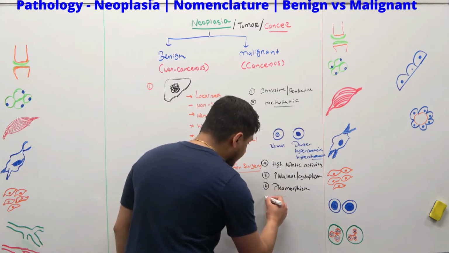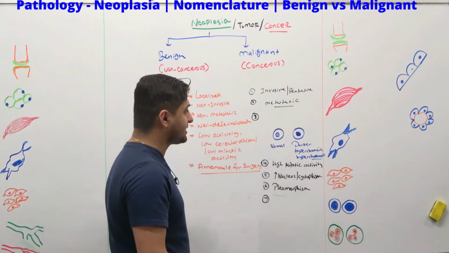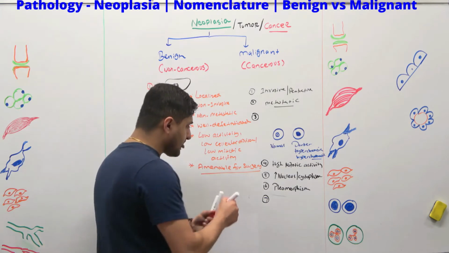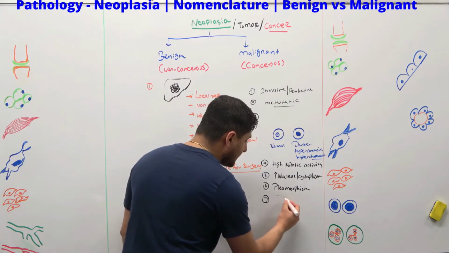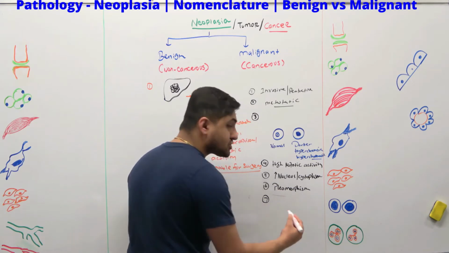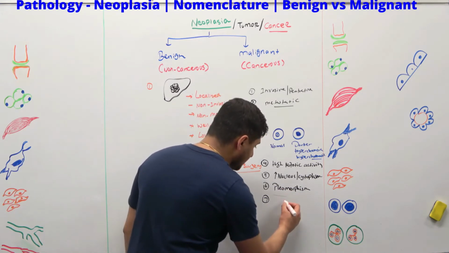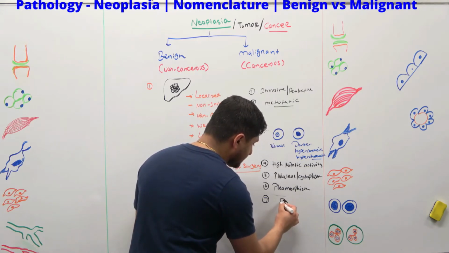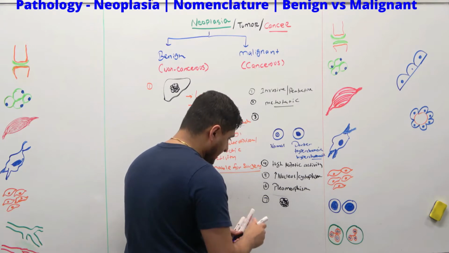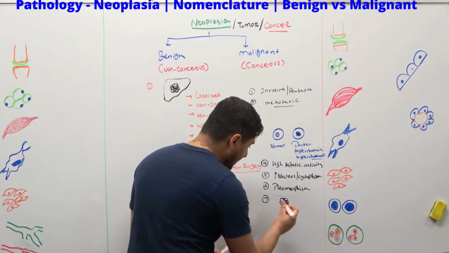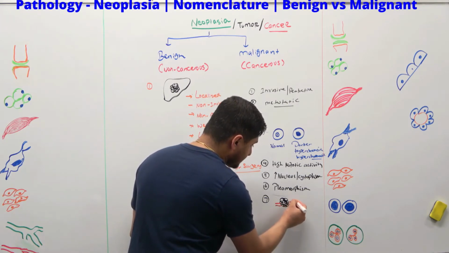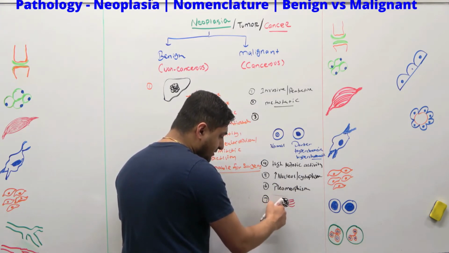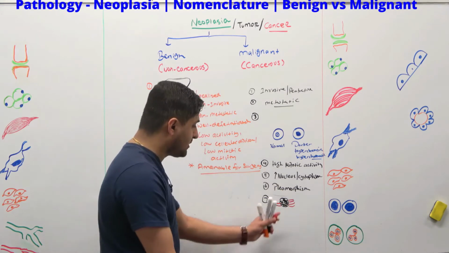Some of the additional findings that you can see in a malignant tumor is that malignant tumors are supported by the stroma, the supporting connective tissue. For example, if this is a malignant tumor right here, this abnormal mass, and there are blood vessels supplying it, usually the blood vessels supply the side of this mass.